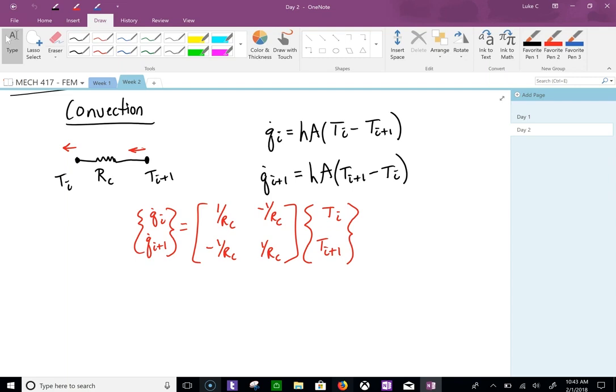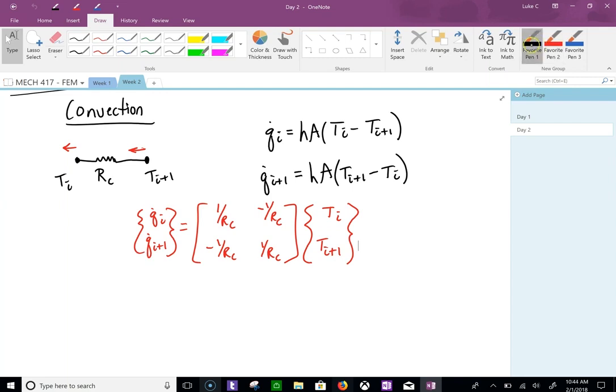You're looking at the deflections, which we already did, heat transfer, and actually it's built the same way for everything else. You're going to have two equations. You're going to have positive, negative, negative, positive. You just got to figure out, okay, here we're using resistances, where on Tuesday, what did we have? We had stiffnesses, yeah.